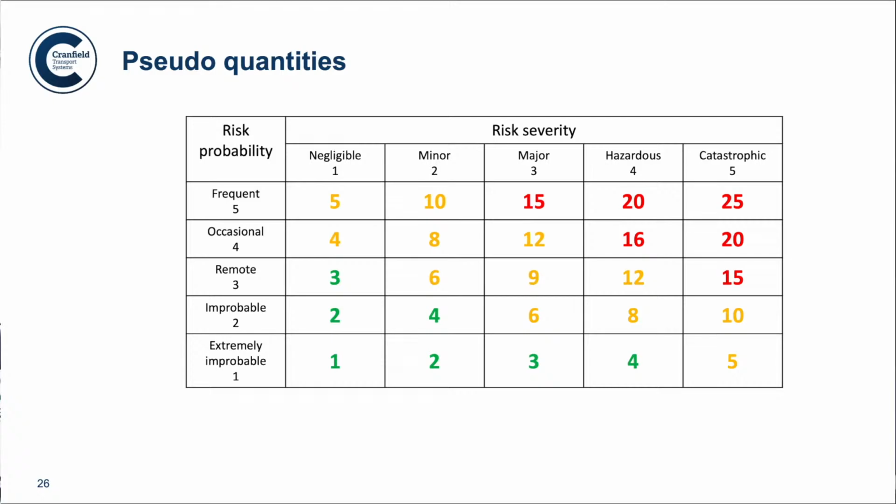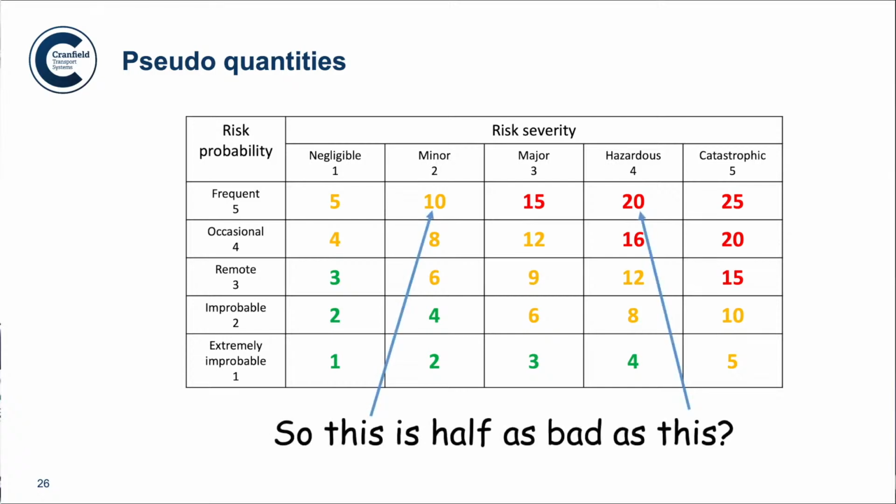However, while we're using these seemingly quantitative values here, when we start to think about, okay, well, is hazardous and frequent compared to minor and frequent, does that actually represent twice the risk? 20 versus 10? Is it actually twice as bad? Why not 3 times, 4 times? It's just because the values we're using on the scales have given us this value that really doesn't have any meaning in reality. So we have to be cautious with this.